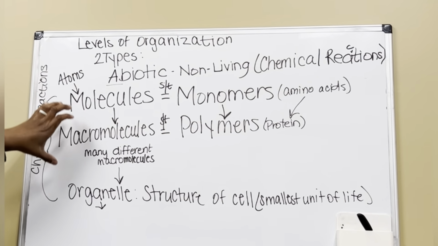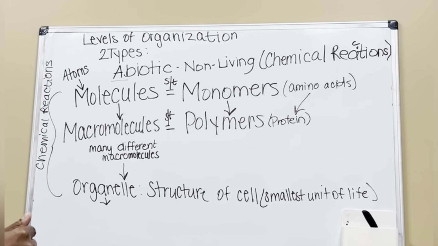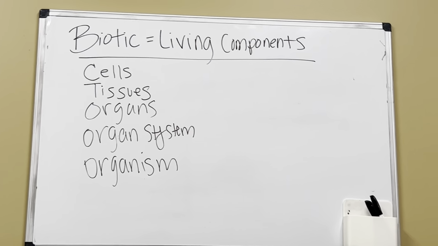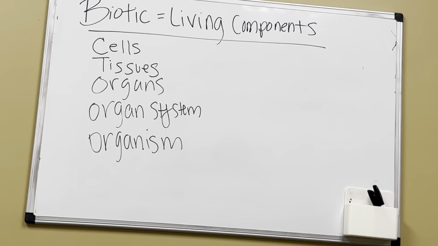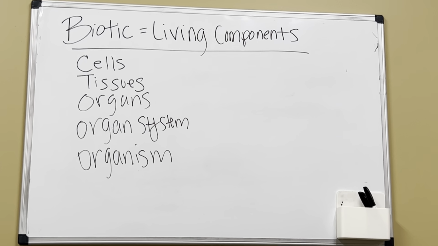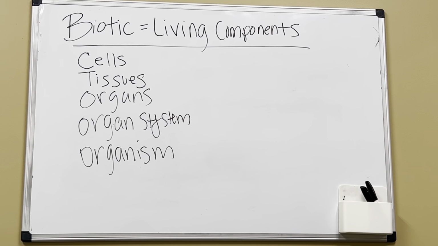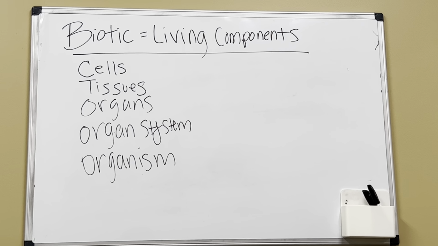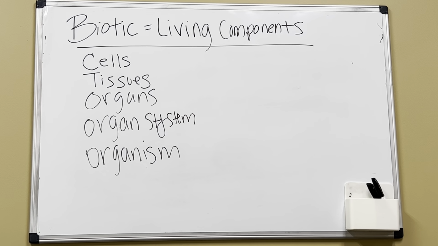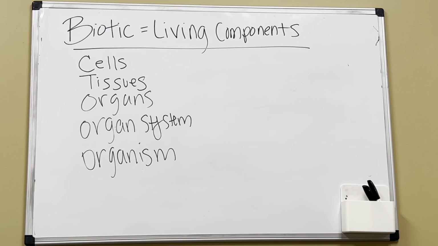So all of these chemical reactions now lead us to life, which then leads us to the second type of level of organization, which is biotic, the living components. First there are cells, the smallest units of life, the simplest living structures. Then a group of similar cells that perform a common function are tissues.